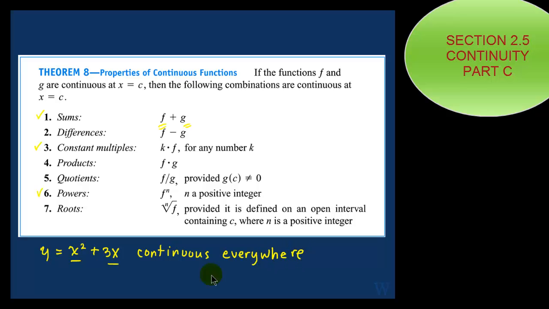How about this one? y is equal to sine x plus cosine x. Is that continuous everywhere? Yes indeed, because sine x is continuous, cosine x is continuous, so their sum has to be continuous.